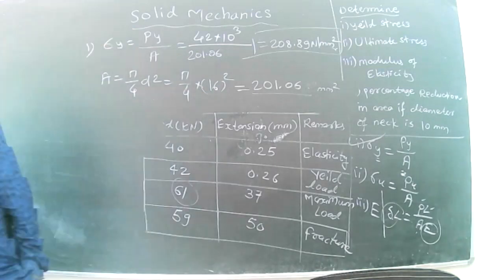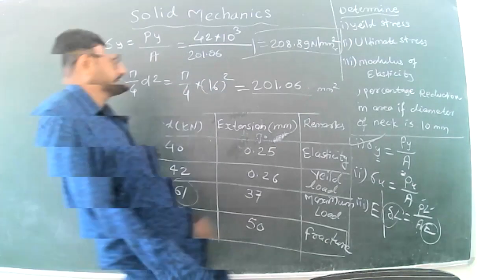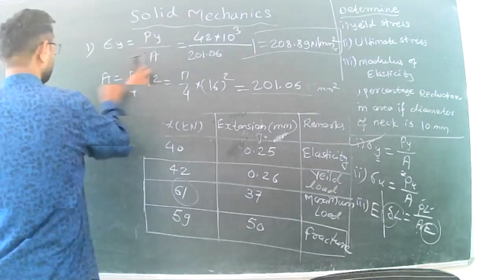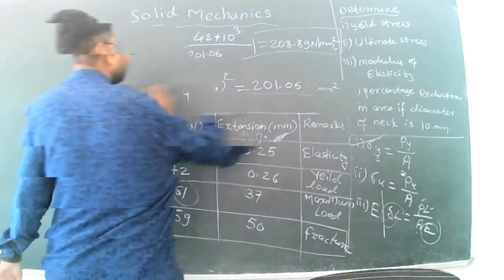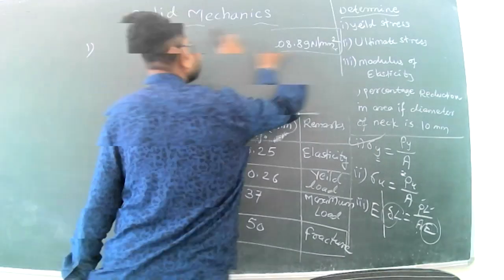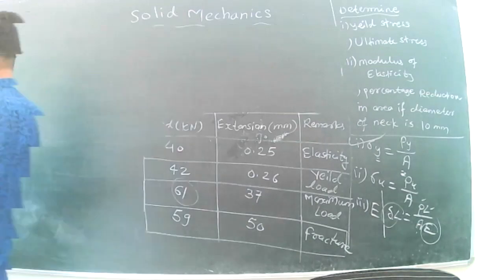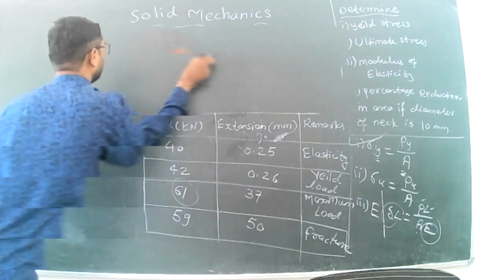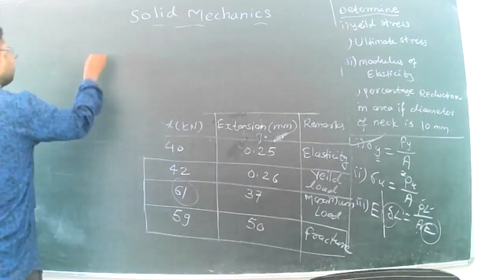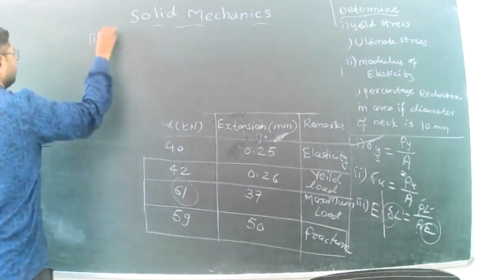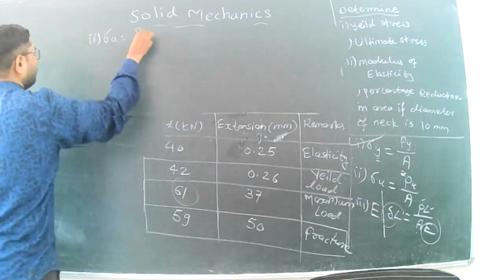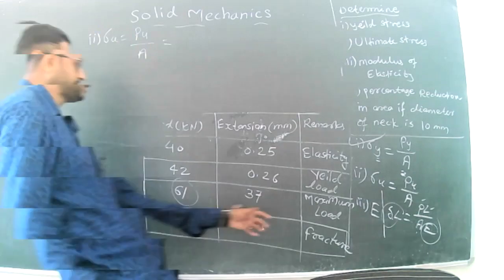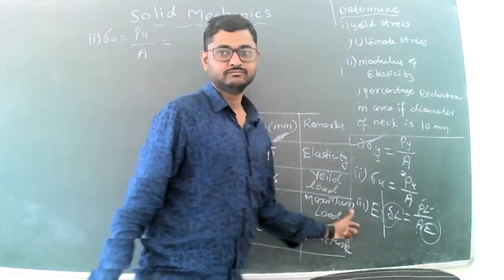Then the second unknown is ultimate stress. How to find ultimate stress? Sigma u is equal to ultimate load upon area. Ultimate means maximum load.